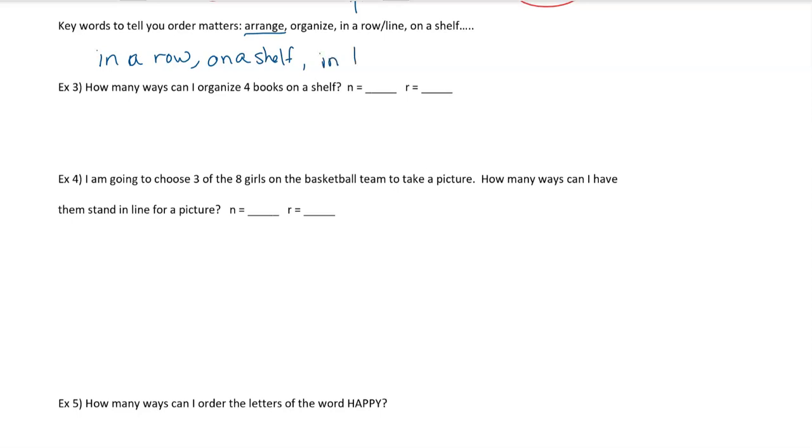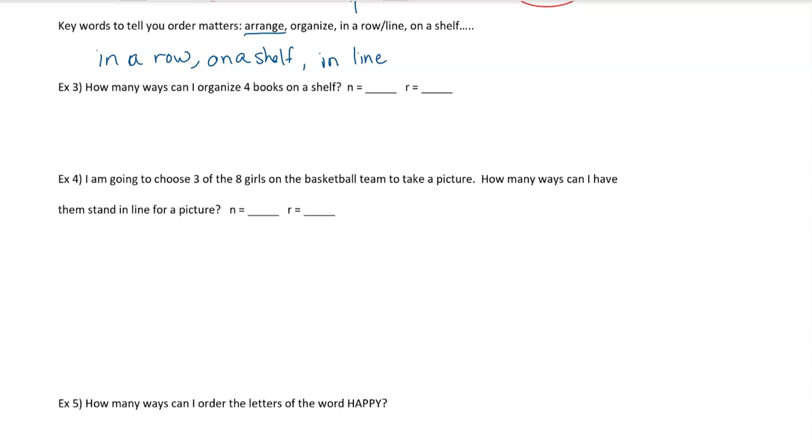We want to put kids in a line, maybe for a picture or a batting order or things like that. Those are things that tell you that the order matters. If you're going to be able to look at it and see a change, is the kid first in line? Is the kid second in line? We've all been 5 years old before. We know there's a difference in being first and being second. So keep that in mind when you're thinking about permutations. That's what you're thinking about.